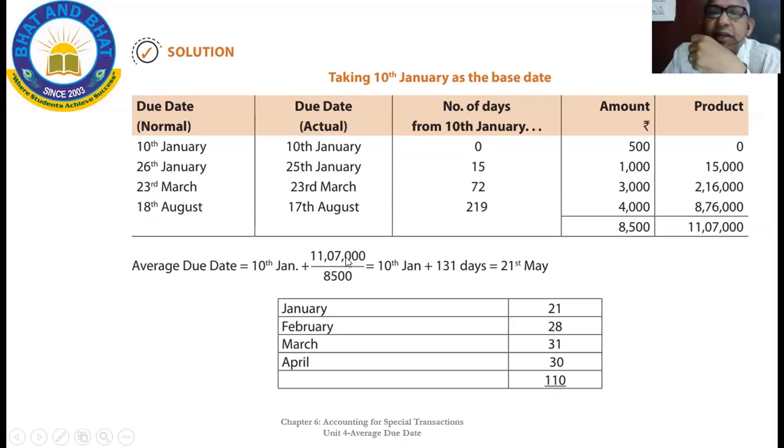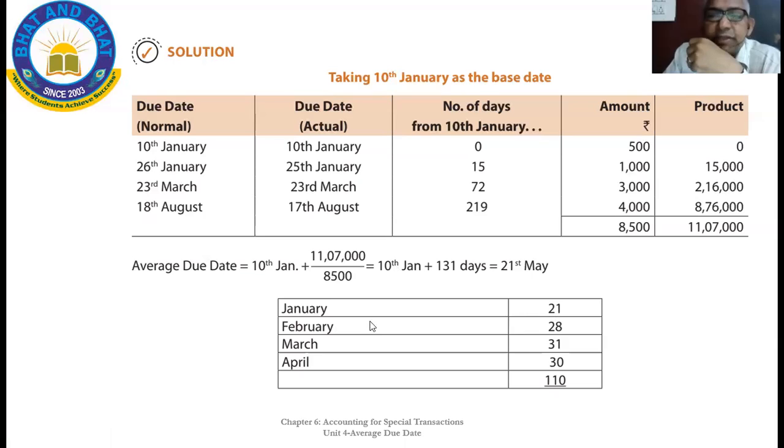From there, 11 lakh 7,000, that is product total divided by amount total, gives 131 days. This simplification comes to 131. Hence, that will come to 21st of May. How? See, from Jan 10 to the end of Jan, it is 21 days. February, 28 days.